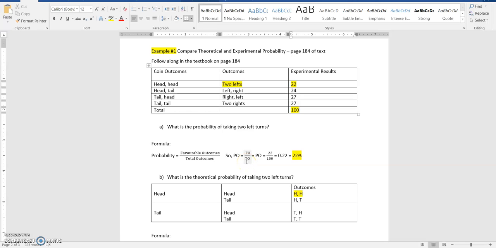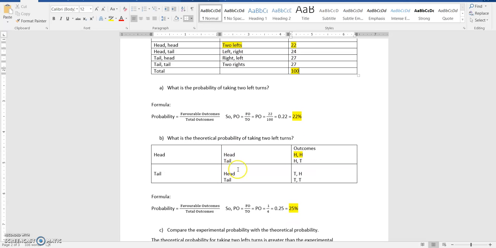Question B, what is the theoretical probability of taking 2 left turns? All right, so here's the theoretical probability. They have made a tree diagram on page 184. I have made a chart because that's easier for me to make in a Word document.